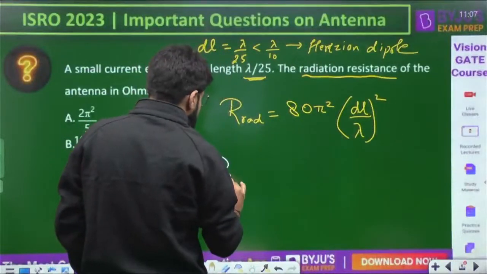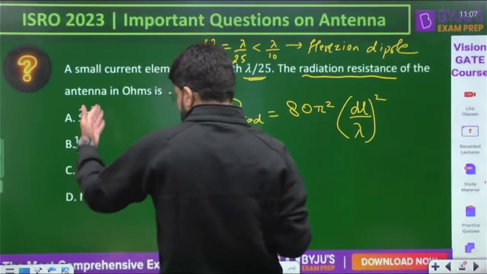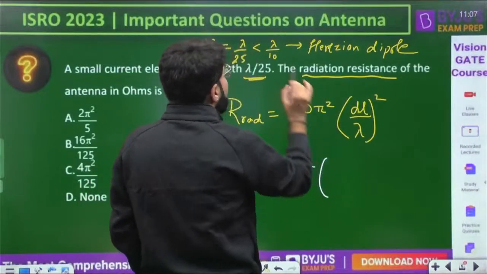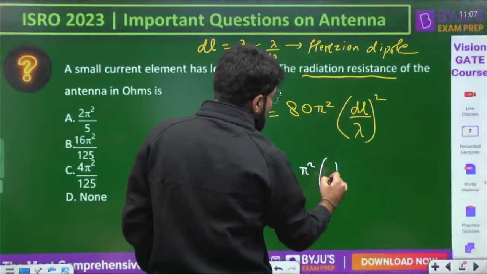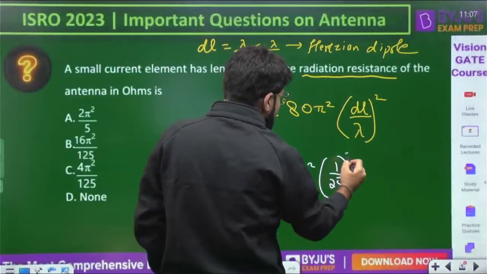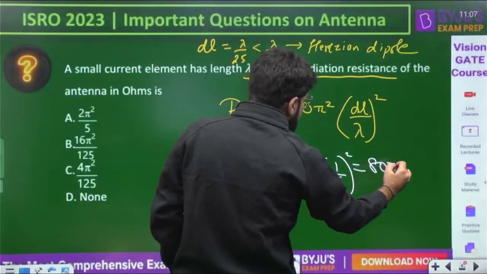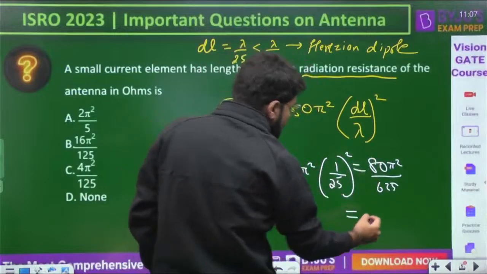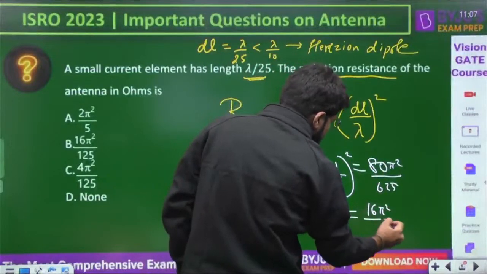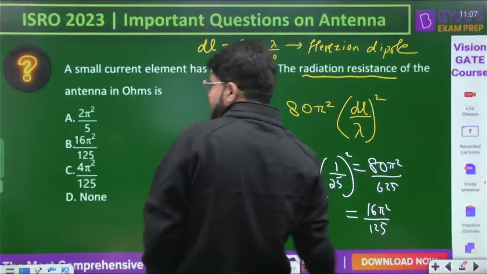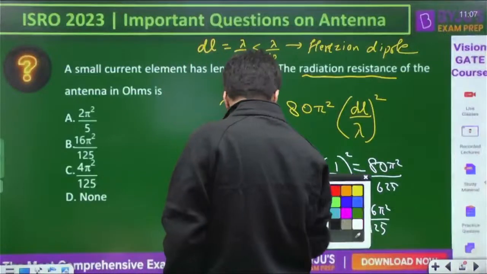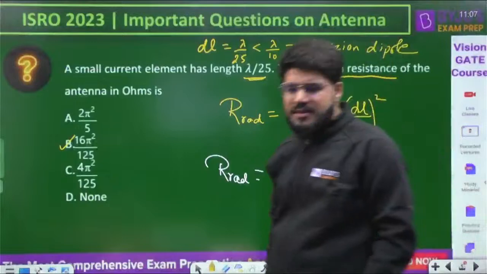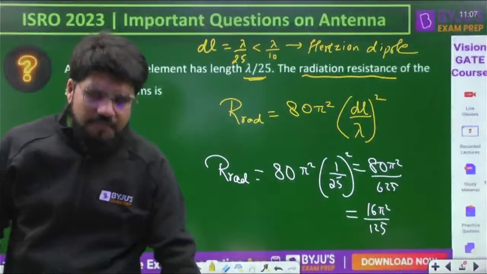Keep pi square in the form only, so only basic simplification is required here. dl, the small length, is lambda by 25, lambda cancels, so 1/25 squared, so that looks like 80 pi square by 625, cancelable only with 5, so 16 pi square by 125. Here we have option number B. Correct answer, Ankit Kumar. Yes, option B it is.